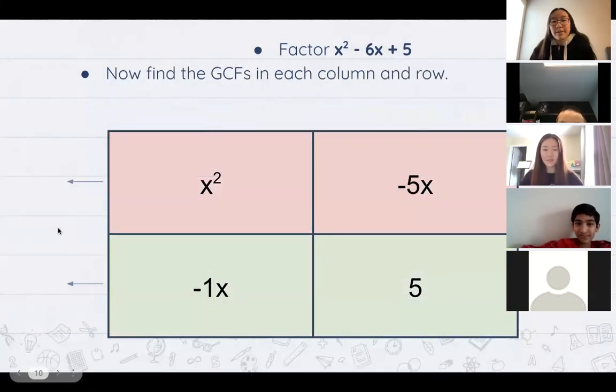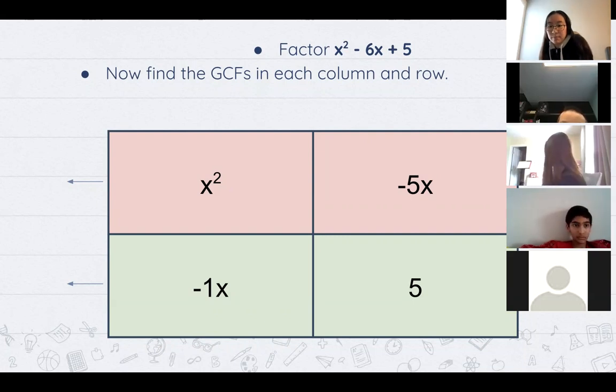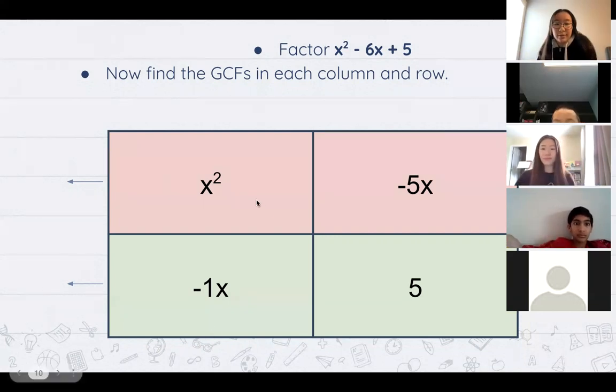And so now the next step, now that you have your box filled out, you have to find the greatest common factors in each column and row. So let's take this red row here. What is the greatest common factor of x squared and -5x? Is it -5?